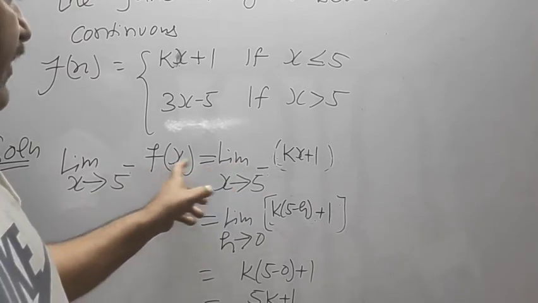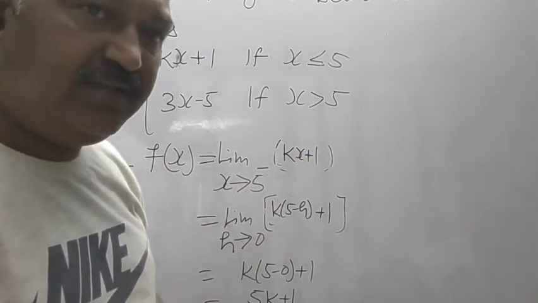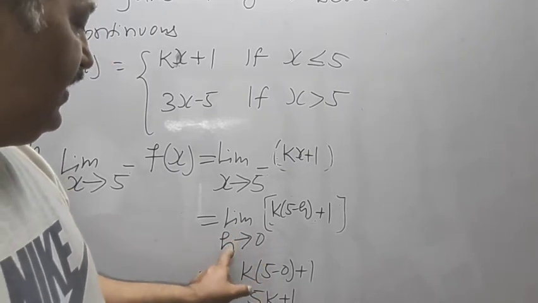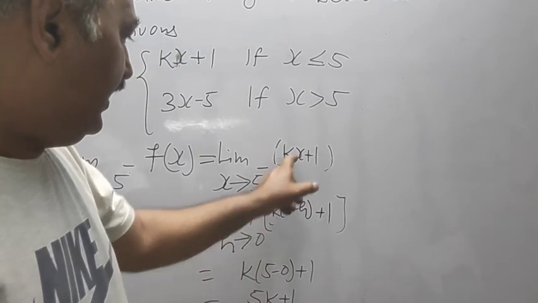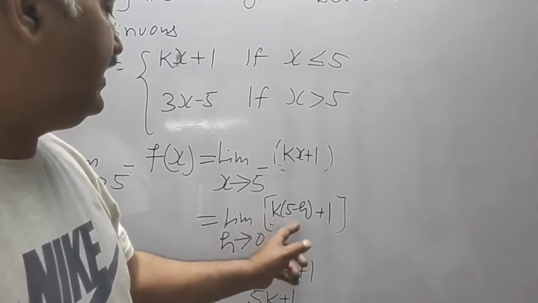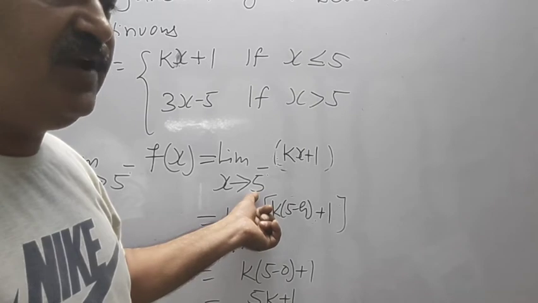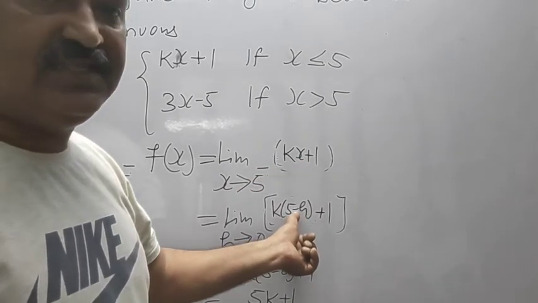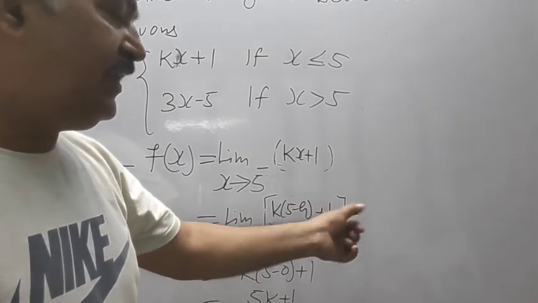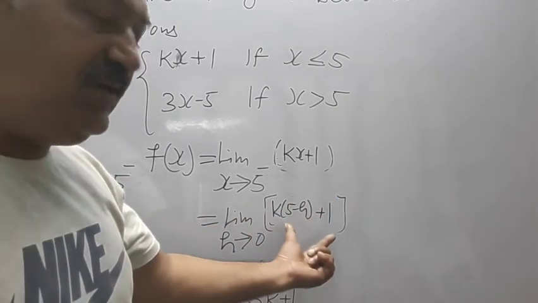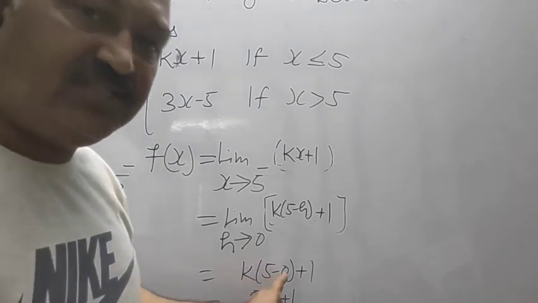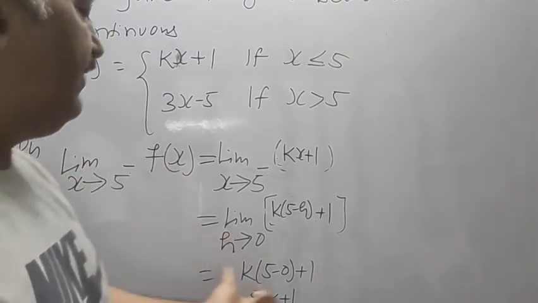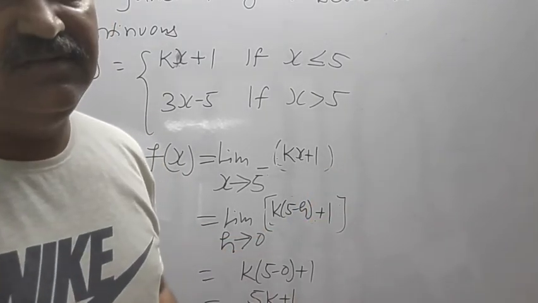Putting the value of f of x as kx plus 1, changing the limit into h, limit of h approaches to 0, k into 5 minus h, a minus h, because role of a is played by 5 and this is a minus, and putting x is equal to a minus h means 5 minus h, and plus 1 as it is. Applying the limit, we get k into 5 minus 0 plus 1, 5k plus 1. This is the left limit for this function.